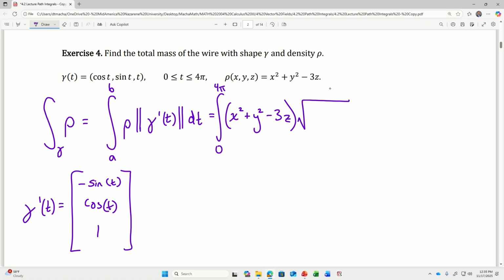And so that's going to be the square root of negative sine squared plus cosine squared plus 1, dt, which is the integral from 0 to 4 pi. And what's sine squared plus cosine squared? 1. So it's really like the square root of 2.